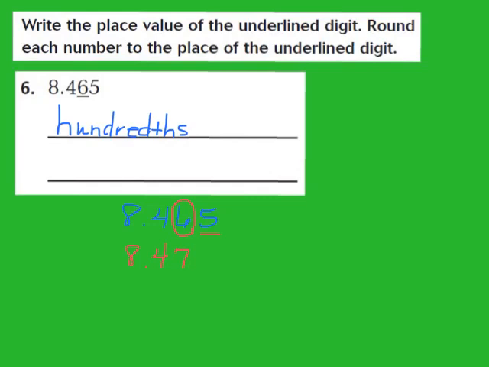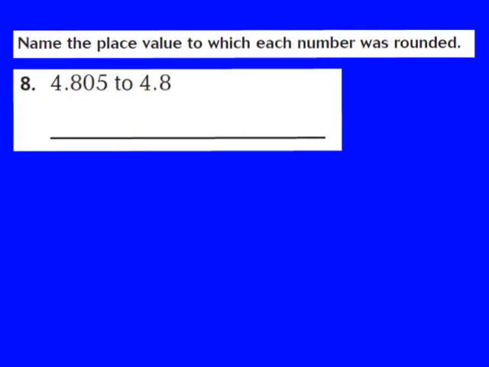Now, the last step in rounding says drop the digits to the right of the circled digit. And in this case, that would be the 5. So in rounding this decimal number correctly, if I'm going to round it to the hundredths place, that becomes 8 and 47 hundredths.